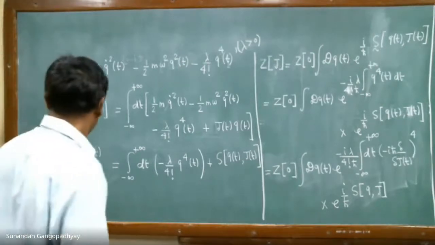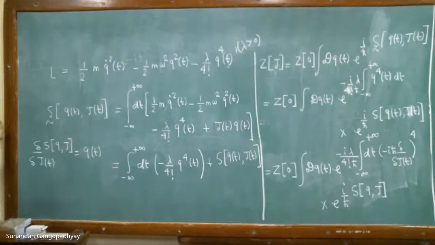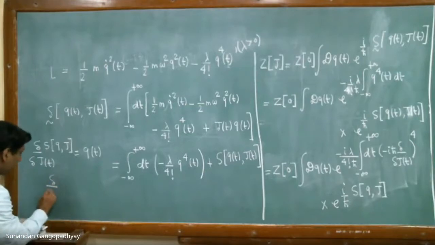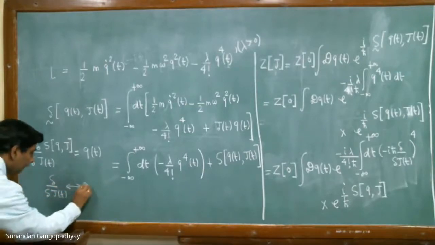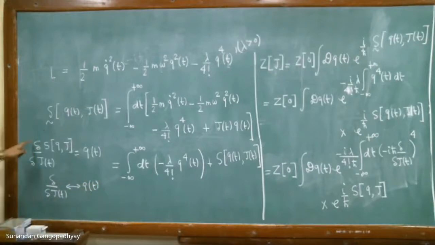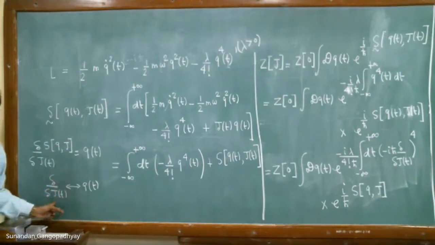Hence what it basically means is that, due to this identity, you can replace q(t) by a functional differentiation with respect to J(t).